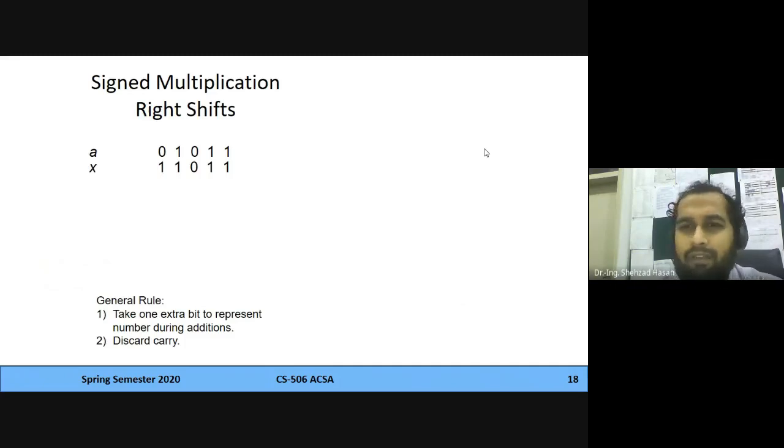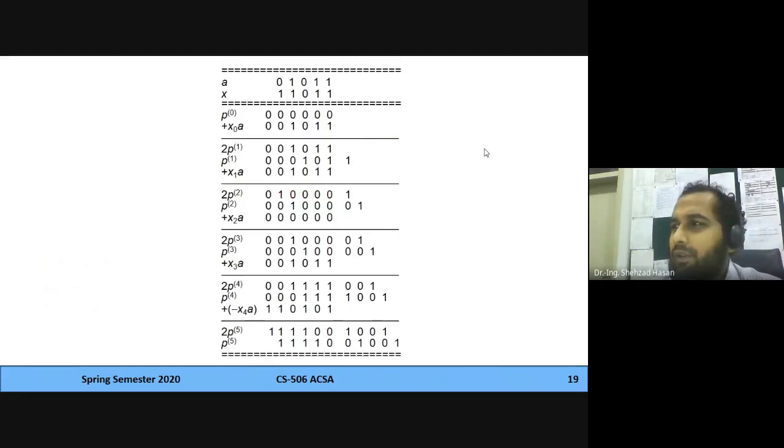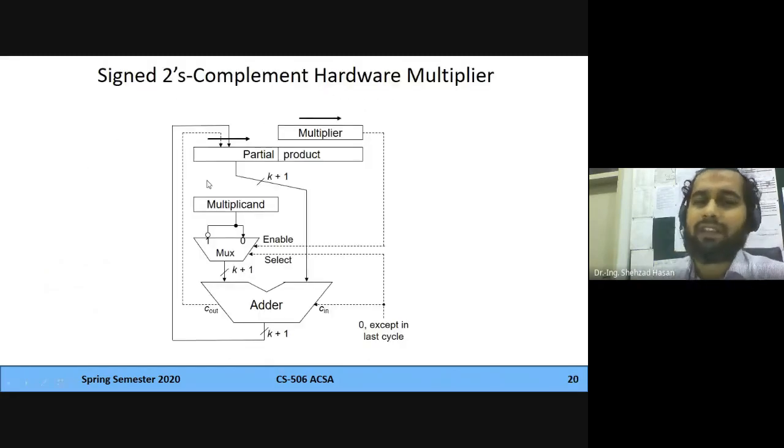I'm going to come to the next topic, so I'm going to skip that. This is then the hardware multiplier that we have discussed, a 2's complement hardware multiplier. Now you can see from an unsigned number system, it's a little complicated, because instead of having a 0 and a 1 over here, what we are having is the multiplicand and the negative of the multiplicand, or the complement of the multiplicand.